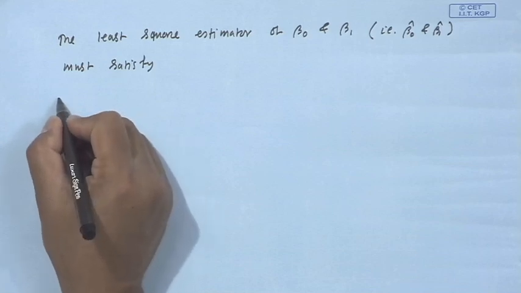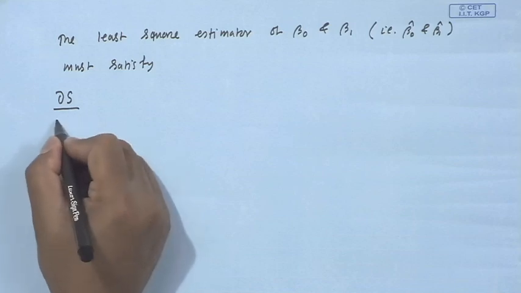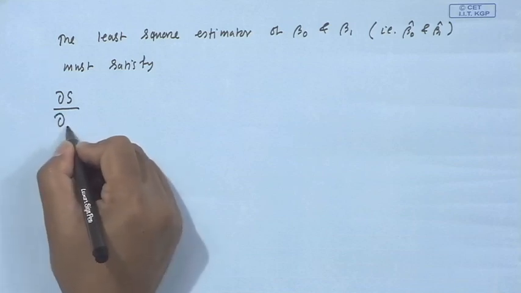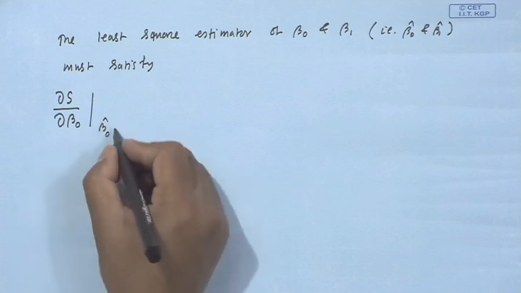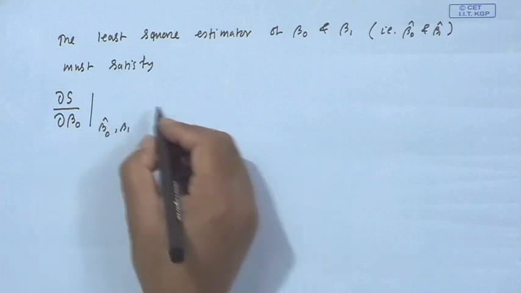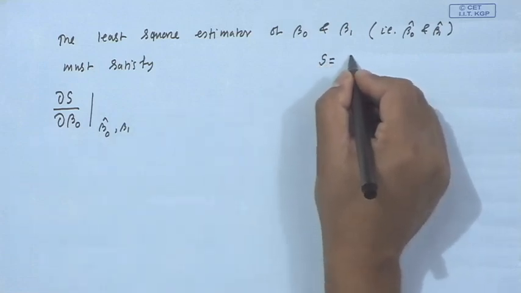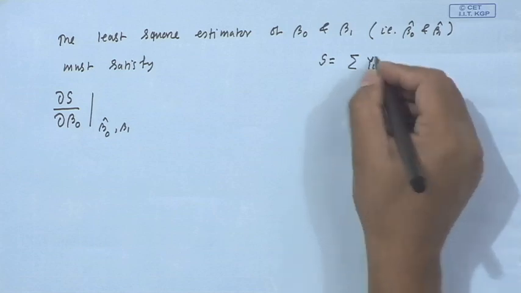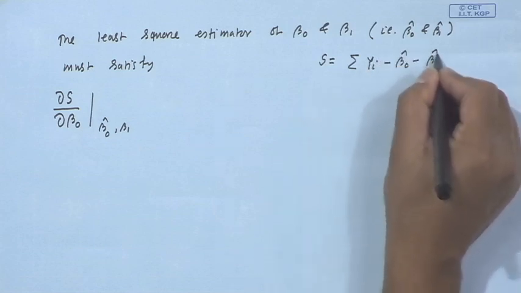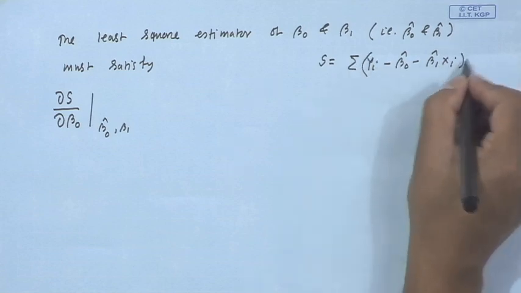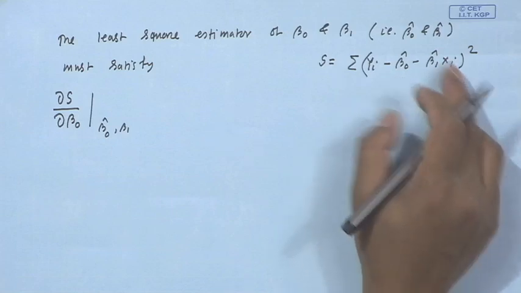You differentiate S with respect to beta naught, at the point beta naught hat, beta 1 hat. So, let me just write down what S is. S is equal to summation y i minus beta naught hat minus beta 1 hat x i whole square. So, this is what S is. So, you find beta naught and beta 1 such that this is minimum.